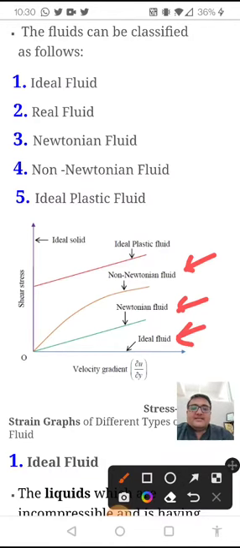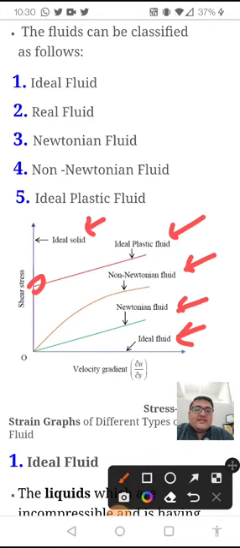Ideal solid means a complete solid, it can't flow. And ideal plastic fluid follows Newton's law but only after application of a certain amount of shear stress. That is the definition of ideal plastic fluid.